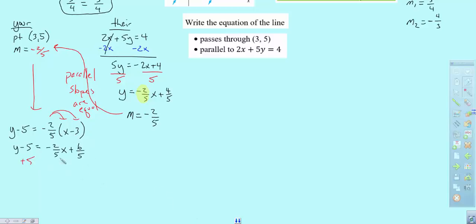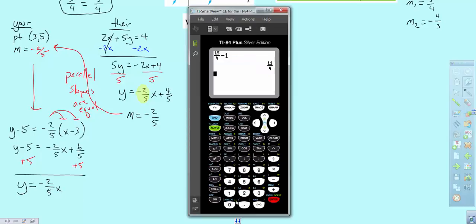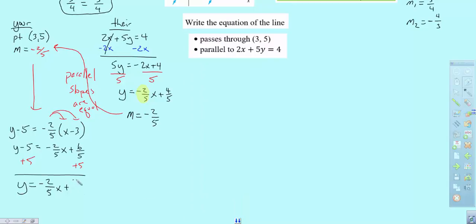We add 5 to both sides to solve this for y. Remember, we have to put it in slope-intercept form first. So y equals negative 2/5 x. Pull out your calculator. On my calculator, I take 6 alpha y 1 over 5 plus 5, and we find that gives us plus 31 over 5.